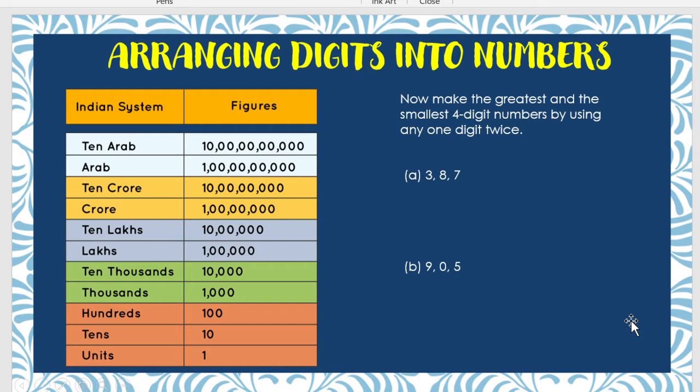Now we are arranging the digits into number. It's a very easy task because we have 3 digits only, but you have to make a 4-digit number. Now I have given this chart every time, my dear children, so that you can learn this chart.